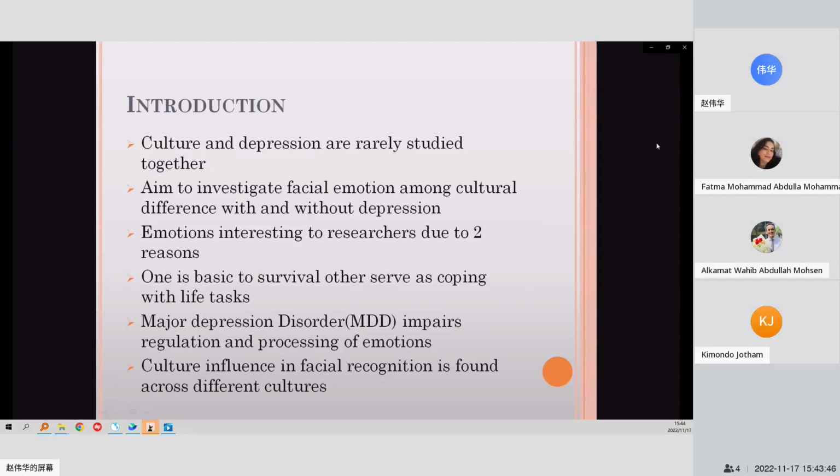And I must add that major depressive disorder, which I will now term MDD, impairs regulation and processing of emotions. I would also like to add that cultural influence in facial recognition is found across different cultures.